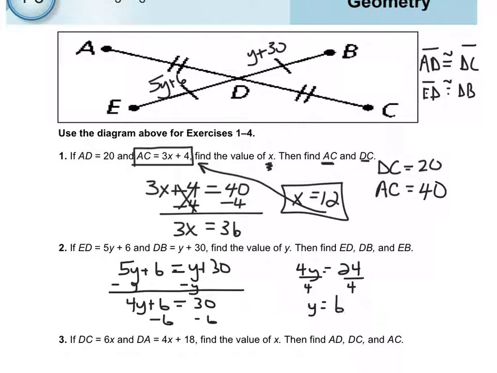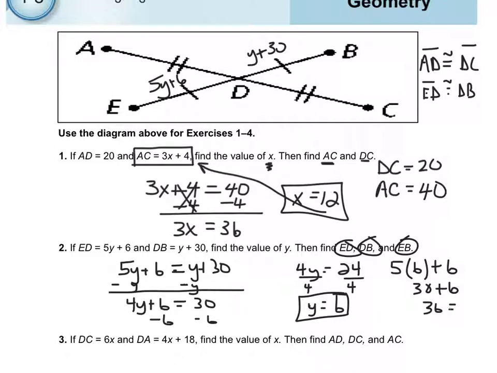Now again, this would be great if that was my final answer, but they want to know how long ED, DB, and EB are. So I do have to plug these in. So 5 times 6 plus 6, and 5 times 6 is 30, plus 6 is 36. That's ED.